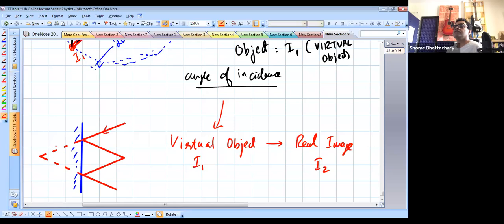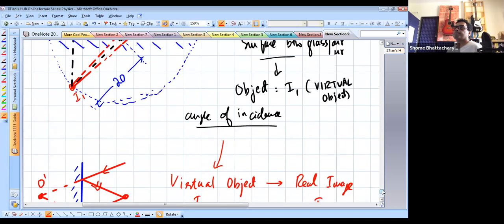So incident ray is giving you a virtual object behind. The reflected rays give you a real image, such that this distance becomes equal to this distance. So this concept is now being applied over here.